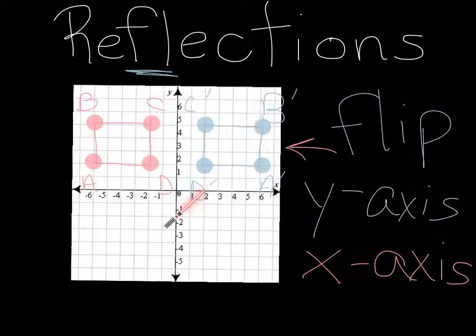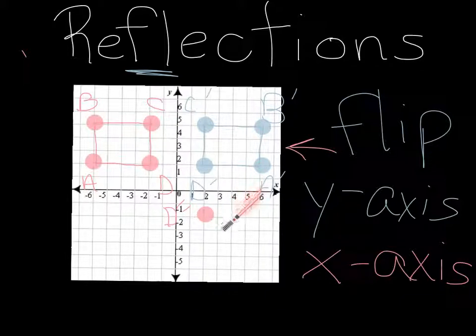So 1, 2, 1, 2. So that's going to become, now watch this, this point is going to become D prime prime. 2 primes, because that's the second time I've moved that.